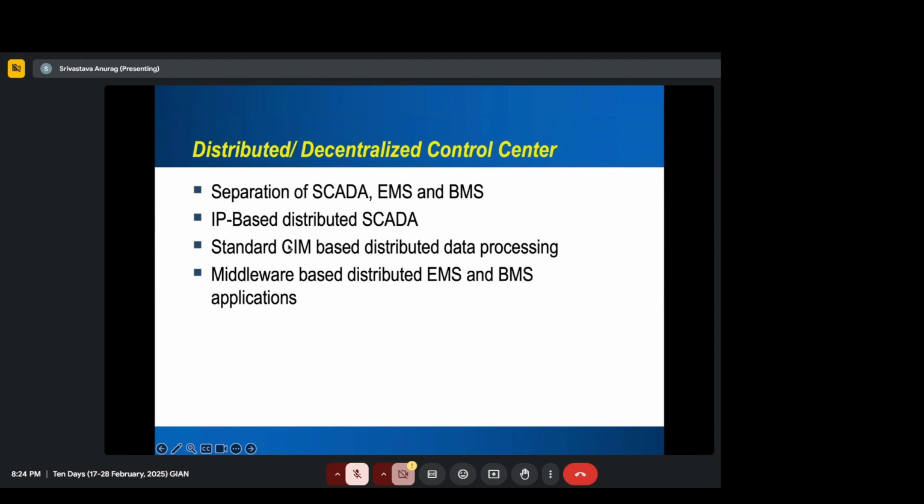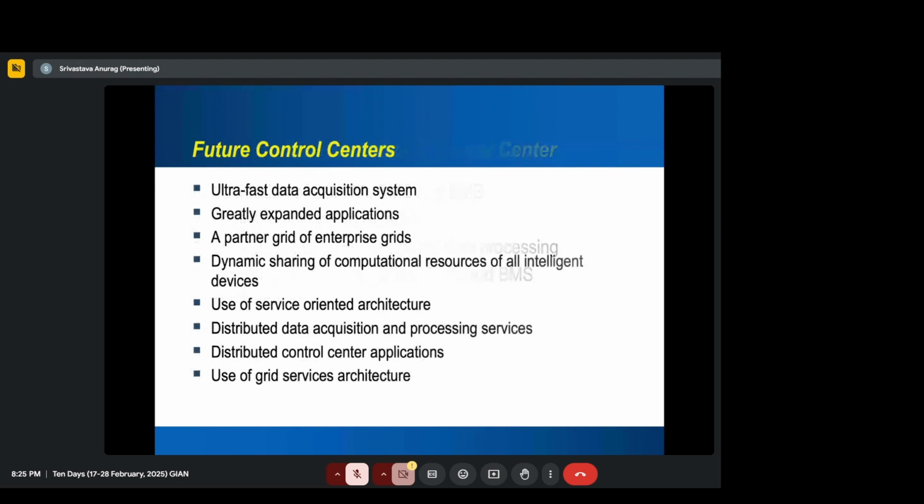If the common information model does not exist, it's very tricky, because if you replace the software, then you have to build a translation for making the data right. And then there is middleware-based distributed EMS, a platform which connects two different things together. It's much more complex, but we're doing the introduction, so it is a very quick way to interface two different sets of software.